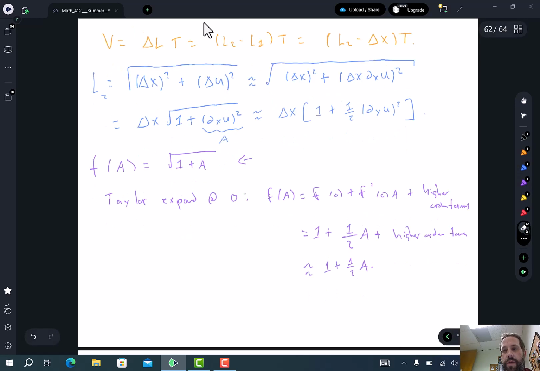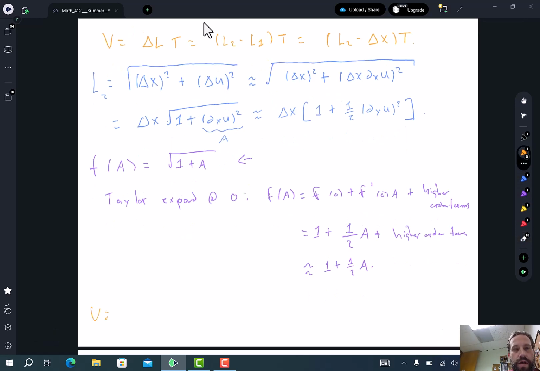Let me continue my approximation for V down here. V is equal to L2 minus L1 times T. So this is equal to L2 minus delta x times T. Using my approximation for L2 and distributing the delta x, it's delta x plus delta x over 2 times the x derivative of u squared, minus delta x.